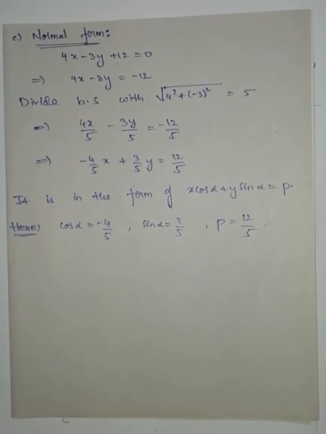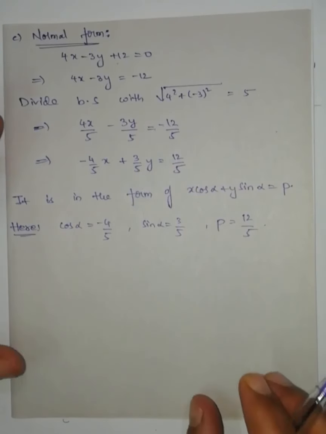Now clearly it is visible that sin is positive and cos is negative. In the first quadrant all are positive. In the second quadrant sin will be positive, cos will be negative. So therefore the alpha value lies in the second quadrant.